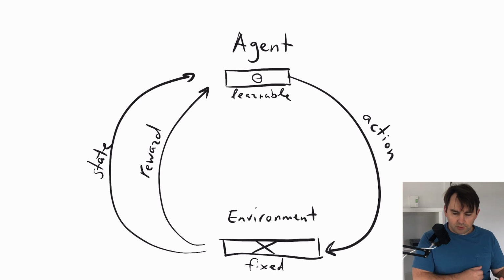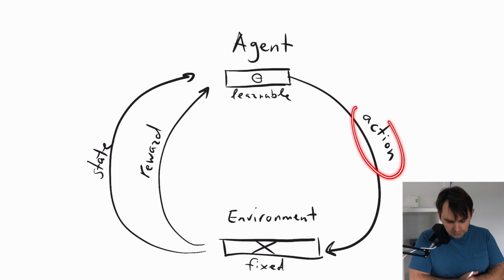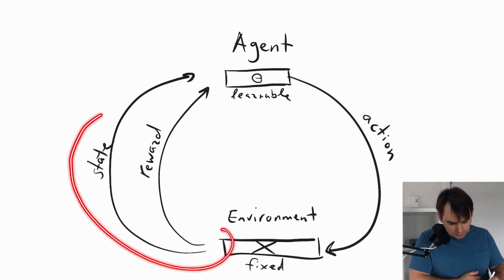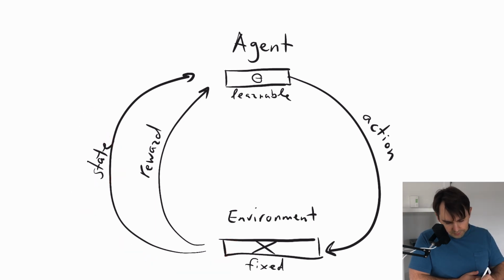So in reinforcement learning, we have this agent that interacts with the environment. You can think of the environment as like a black box. It processes some action and it produces the next state and some sort of reward.